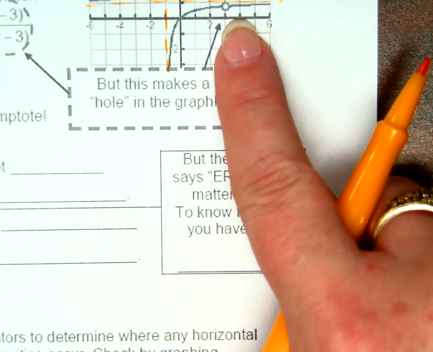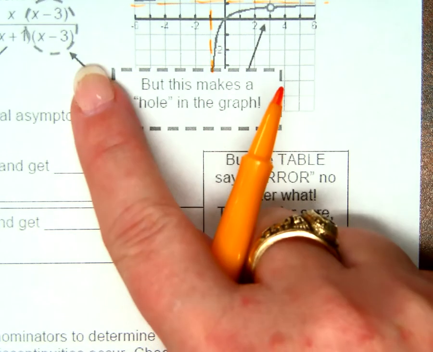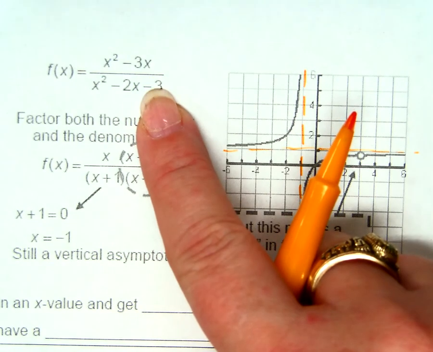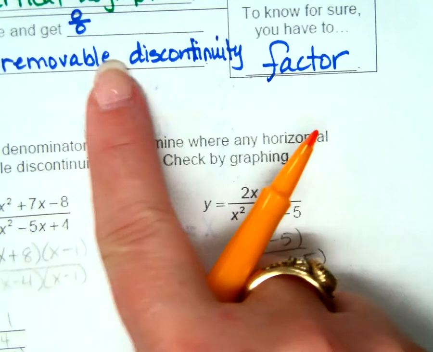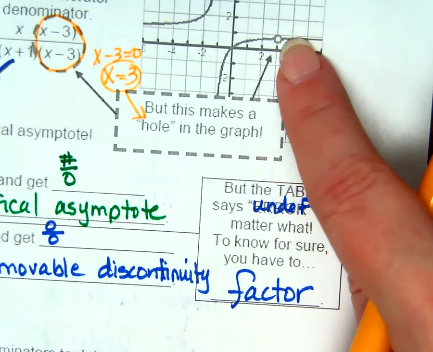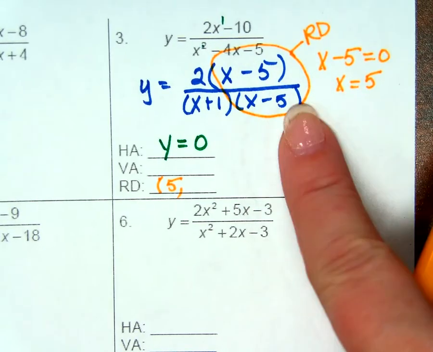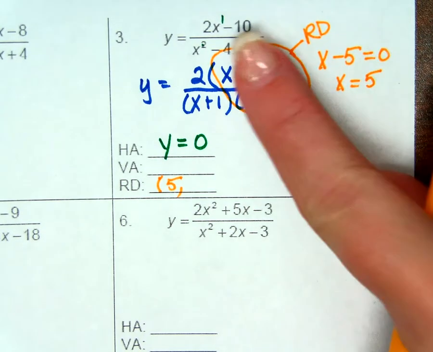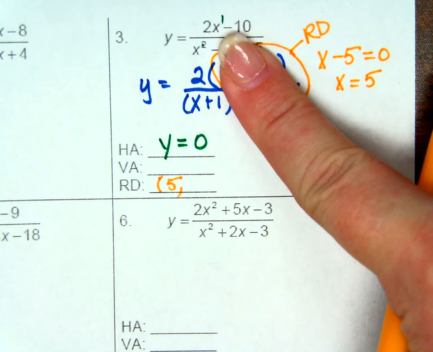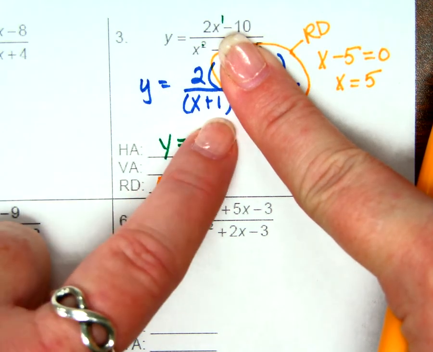Looking back up here, isn't that a specific point? If I took the x value of 5 and plugged it in here, I'd get 0 over 0. That's what makes it a removable discontinuity. There has to be a value for that point. So watch this. What if I go to my factored equation and ignore that? 2 over 5 plus 1.